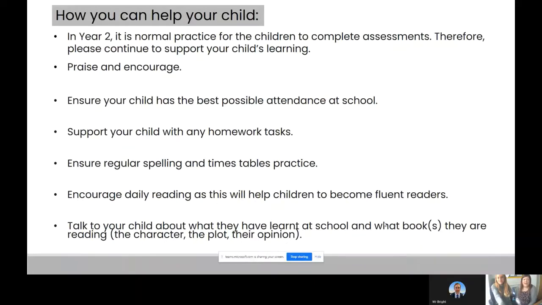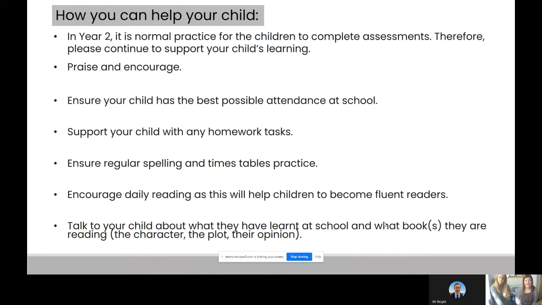Okay, so just thinking about how you can help at home, and we really appreciate the support that you give to practice their spellings and their times tables and also the weekly homework. We just wanted you to be aware that it is normal practice for the children to complete assessments, so they are quite used to it. We call them quizzes, and we just encourage you to support them as much as you can at home.